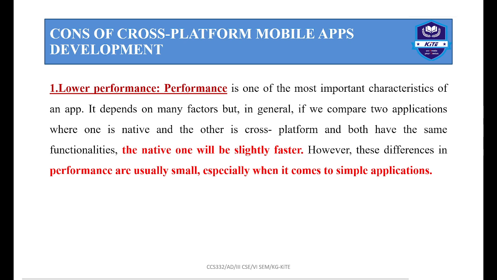Next, we'll see the disadvantages of cross-platform mobile application development. The first and foremost is lower performance. Performance is one of the important characteristics of an app. It depends on many factors, but in general, if we compare two applications, one native and the other cross-platform, with the same functionalities, the native one will be slightly faster because it leverages all the hardware and other features supported by that specific platform.